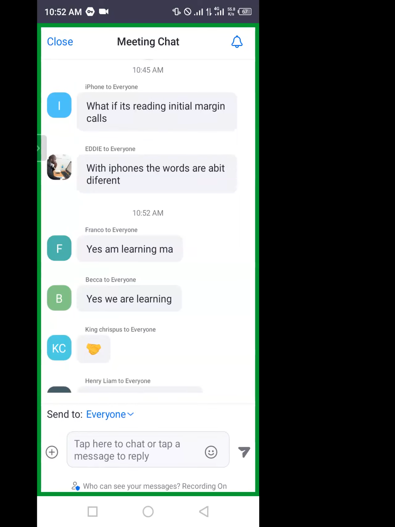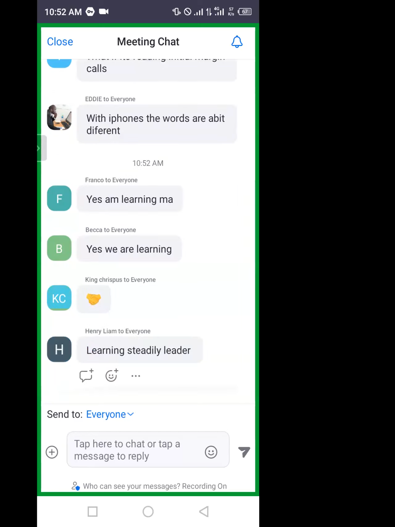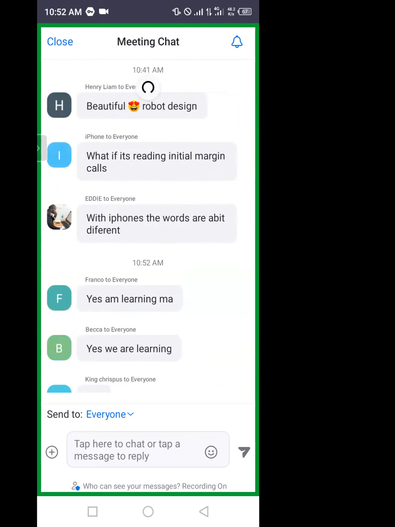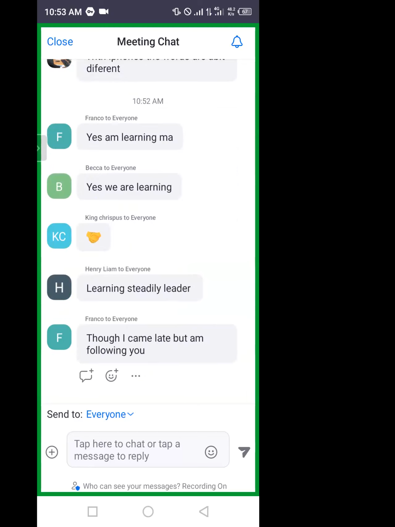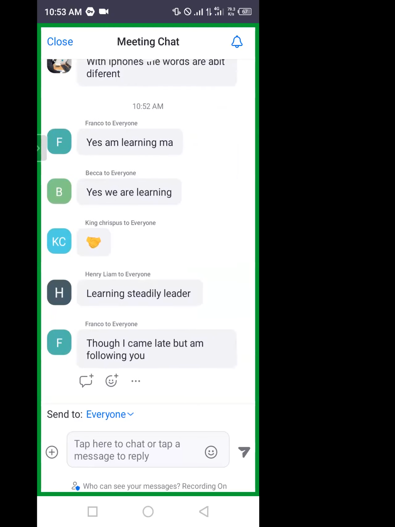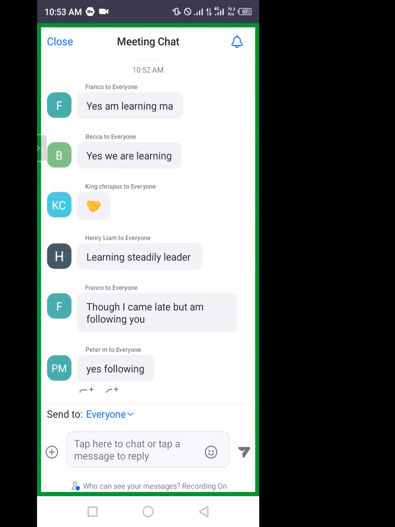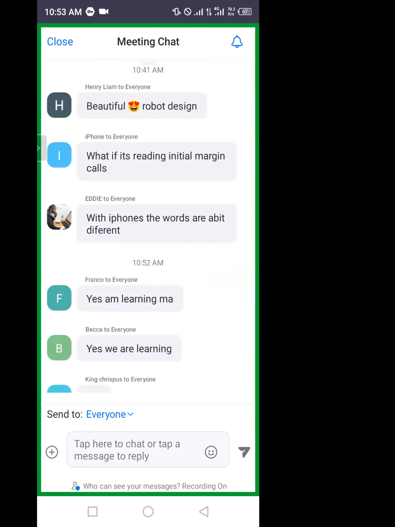iPhone says, what if it's reading initial margin calls? I don't understand. Please write the question again so that I understand what you're asking. Someone says, beautiful robot design. Please, iPhone, ask again so that I get to understand what you mean.